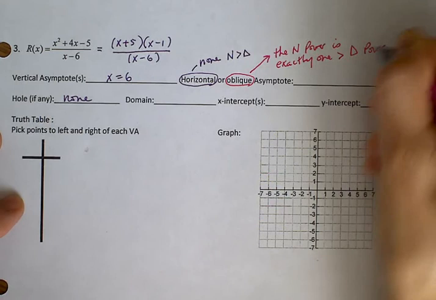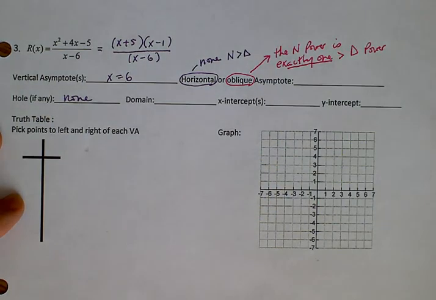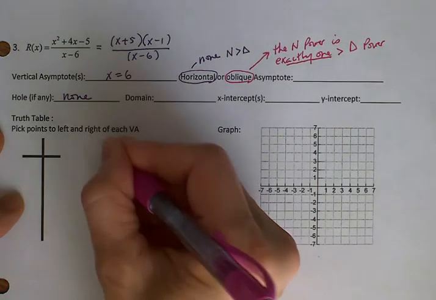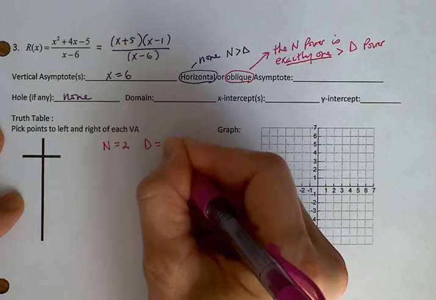And it's important that it's exactly 1. So if you have an x squared on top, it has to be an x in the denominator. If there's an x cubed on top, then there has to be an x squared in the denominator. So our problem has an oblique asymptote. Sometimes they call it a slant asymptote. So we have our numerator's power equal to 2 and denominator's power equal to 1.